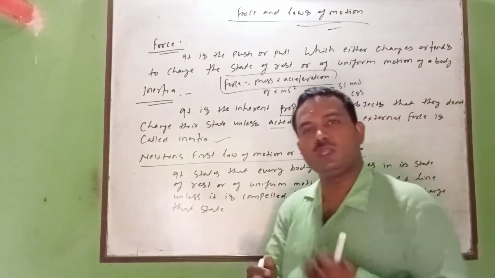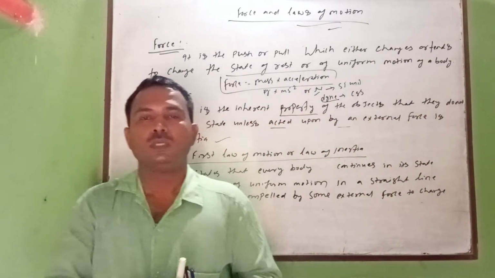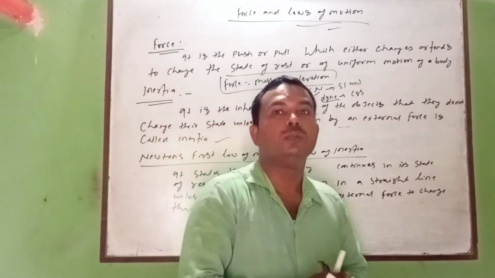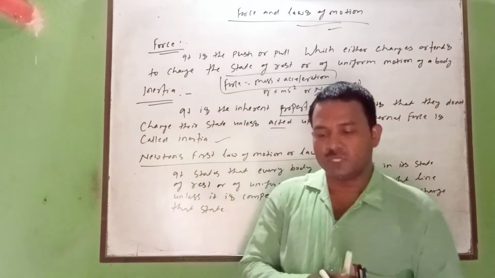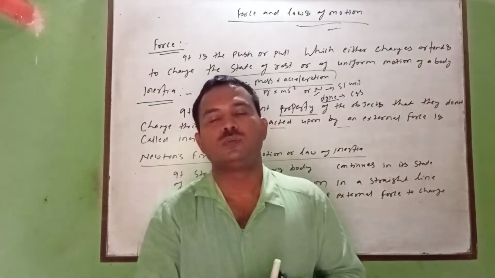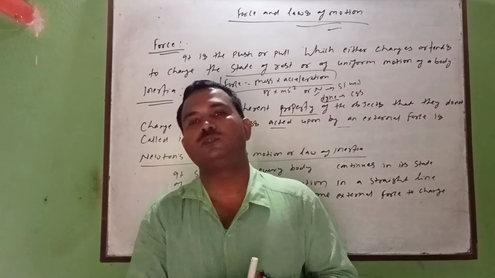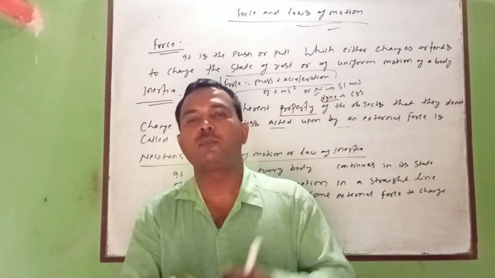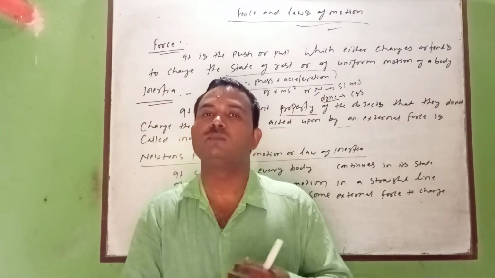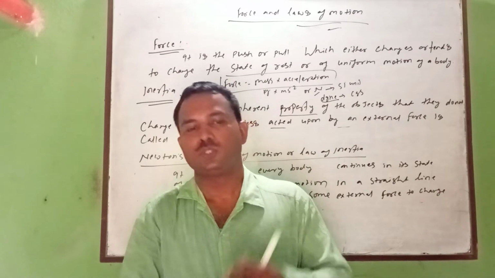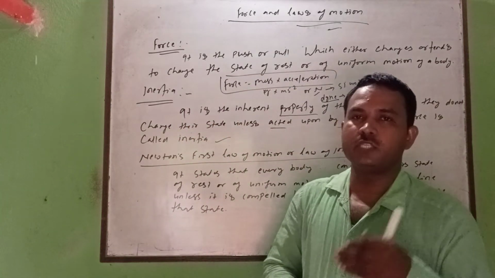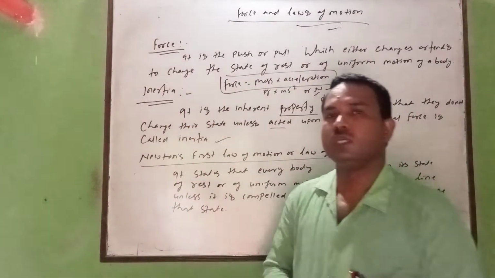Just like when we ride a bicycle, we have to apply force. If we apply force, it moves. If we apply the brakes, it comes to rest. So it changes from rest to motion and motion to rest.